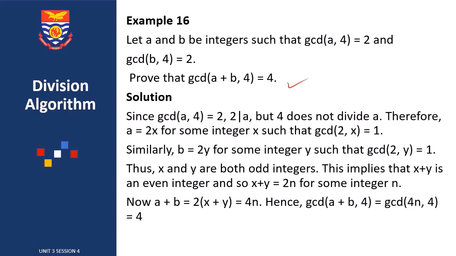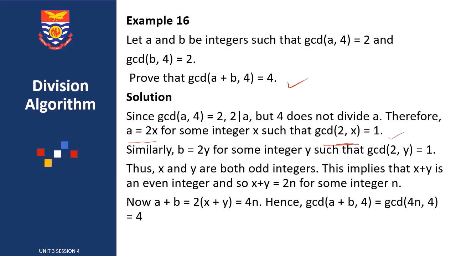Since gcd(a, 4) = 2, this implies that 2 divides a, and 4 does not divide a. Therefore, if 2 divides a, then a = 2x for some integer x such that gcd(2, x) = 1.